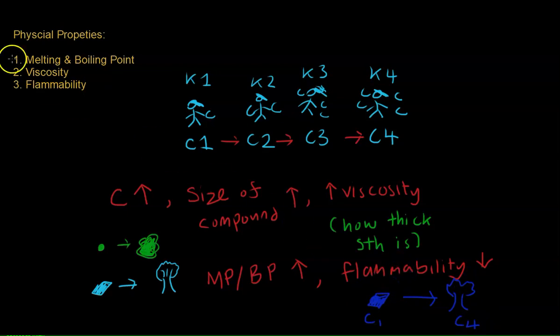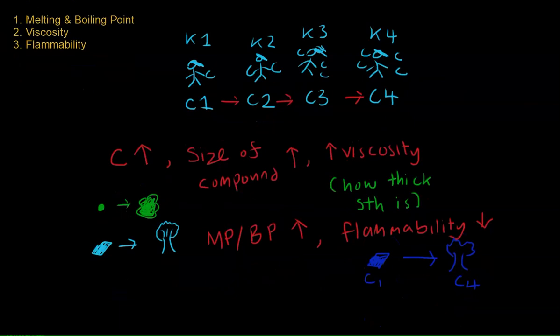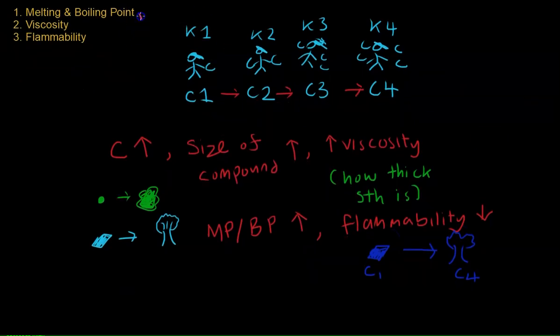So now we have discussed all 4 of them: melting point, boiling point, viscosity, and flammability. These things will remain the same, no matter which family we are talking about. Okay, so in the next video, we'll start with alkanes.